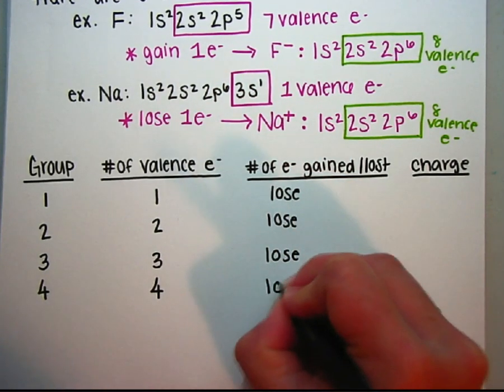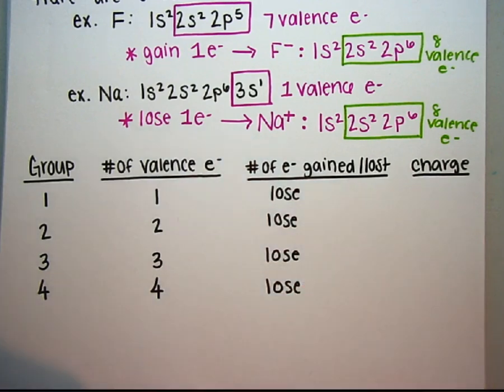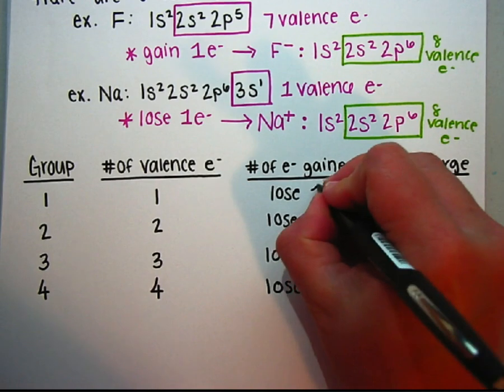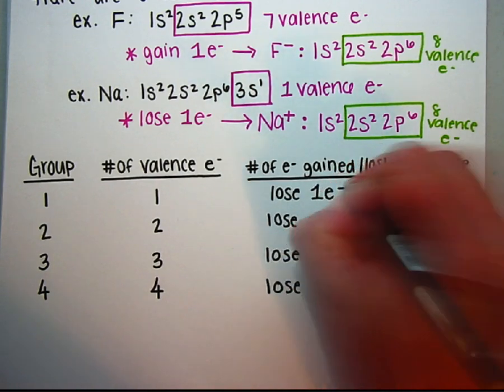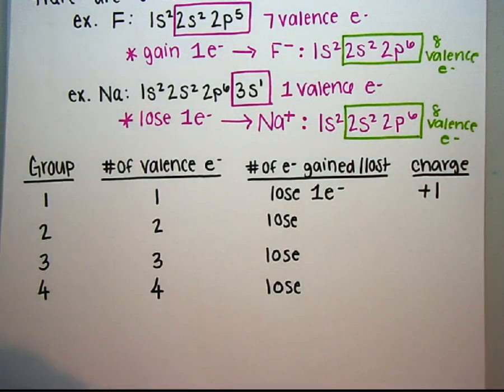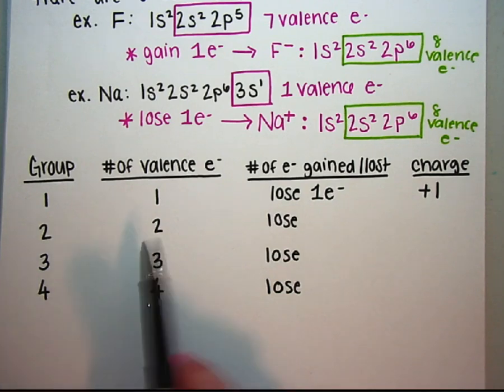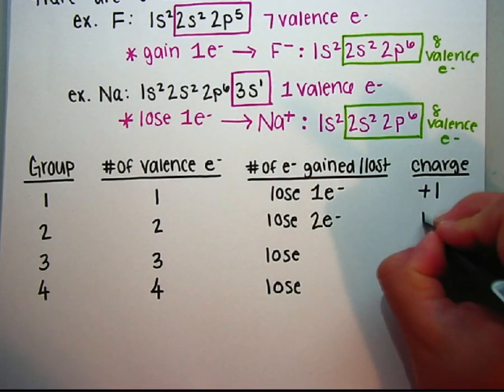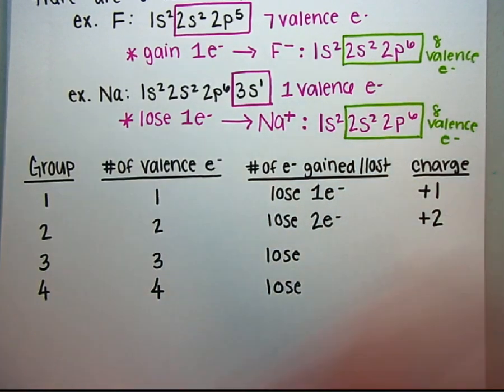And it is going to lose all of its valence electrons. So if there's 1 valence electron, that element would lose 1 electron. If it loses an electron, it's like subtracting a negative and it becomes positive. If we're losing 1 electron, the charge would be +1. Elements in group 2 have 2 valence electrons, they're going to lose 2 valence electrons. If we lose 2 electrons, the charge will be +2.